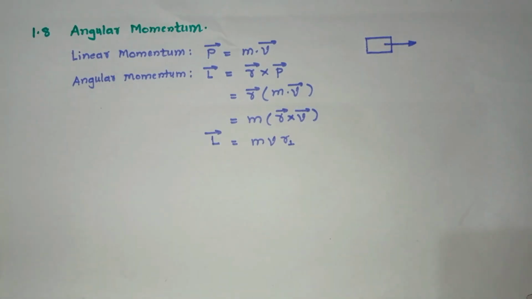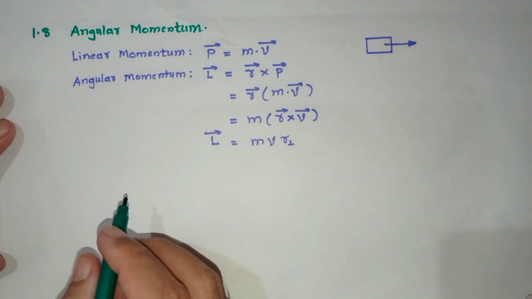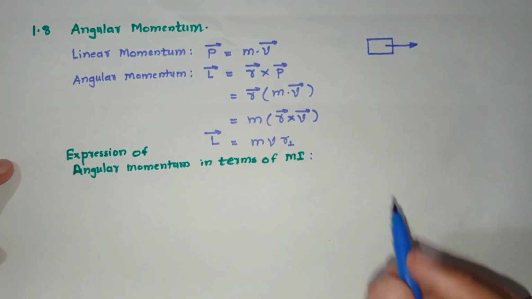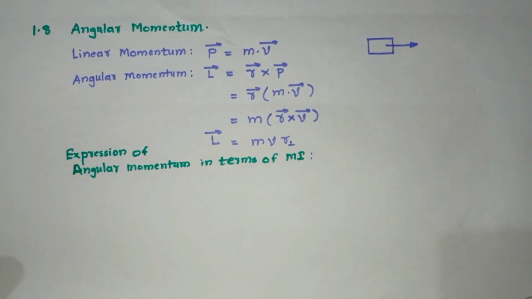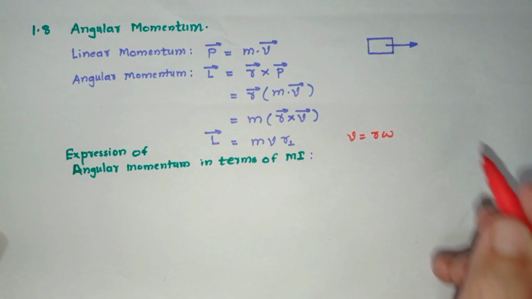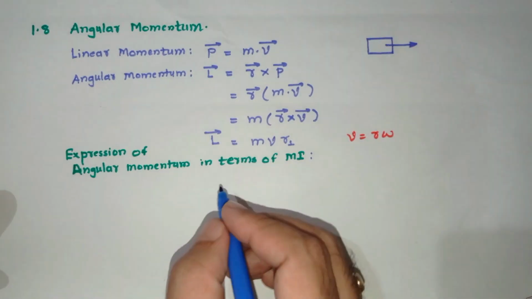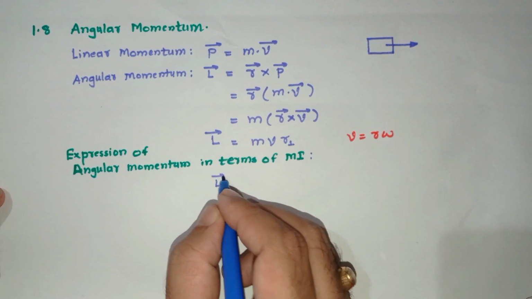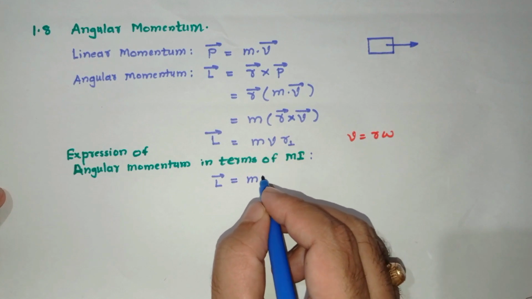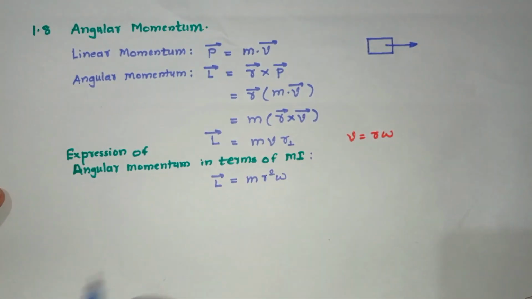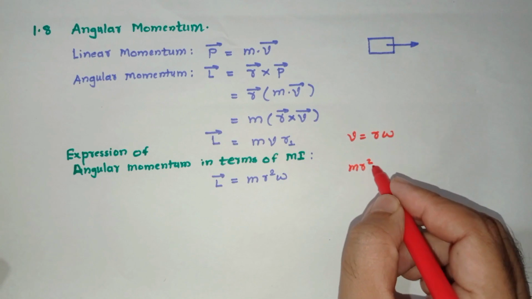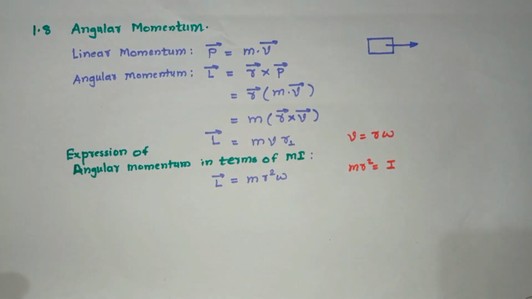Now we'll see the expression of angular momentum in terms of moment of inertia. This v is the linear velocity, and it is written as v equal to r omega. If I substitute v equal to r omega, angular momentum is equal to m r omega into r, so this is m r square into omega. m r square is nothing but moment of inertia.